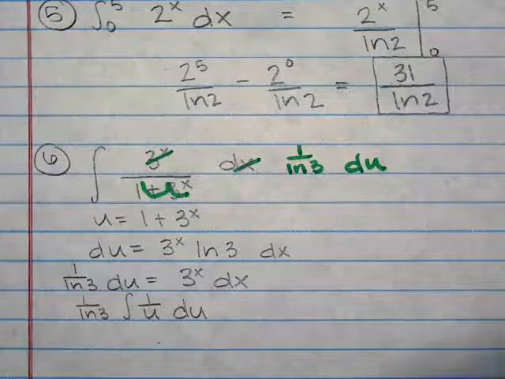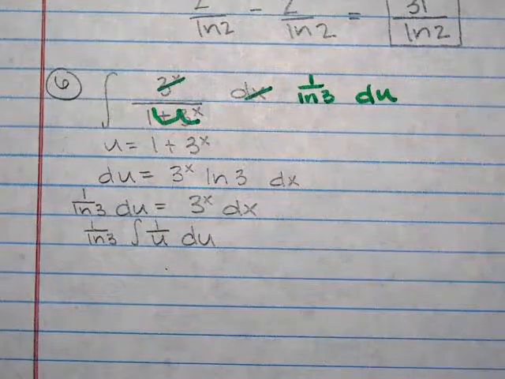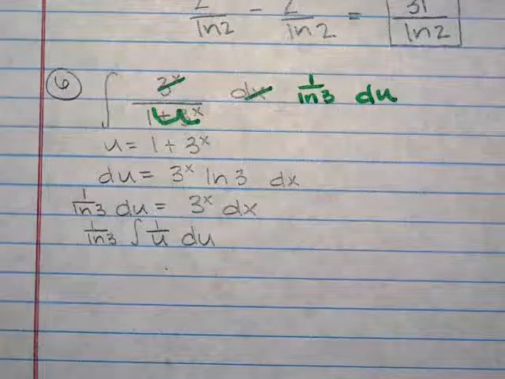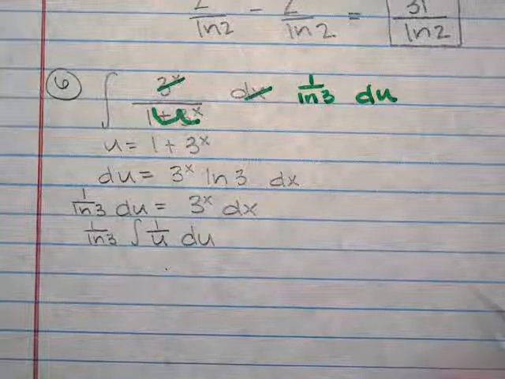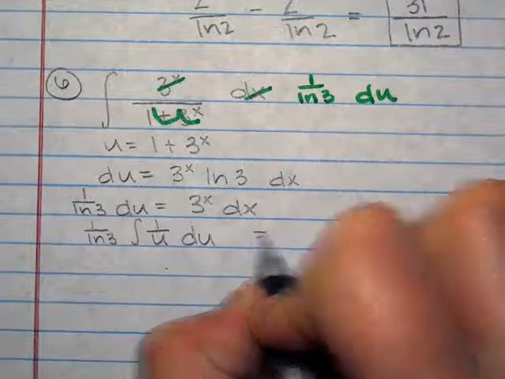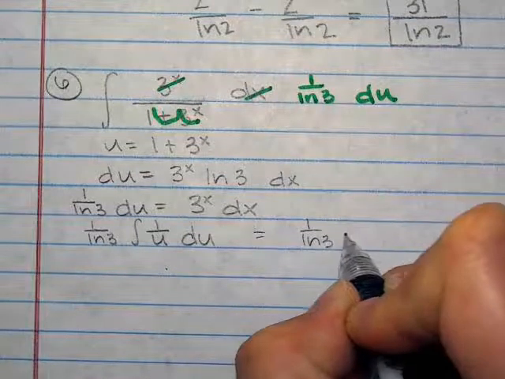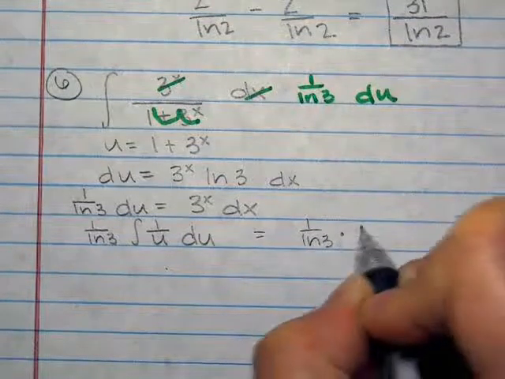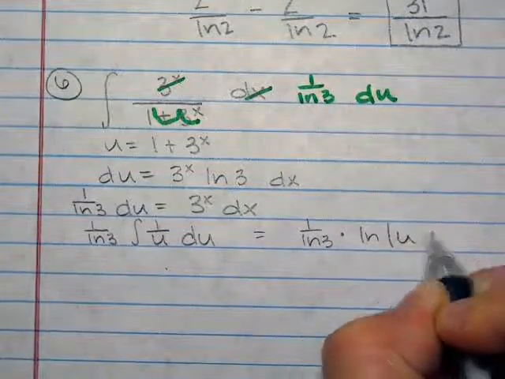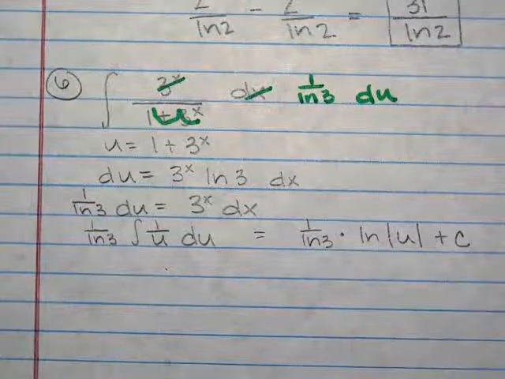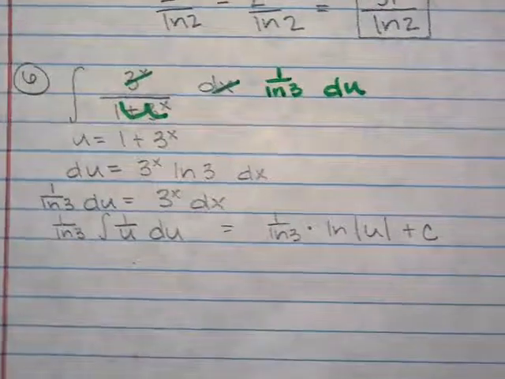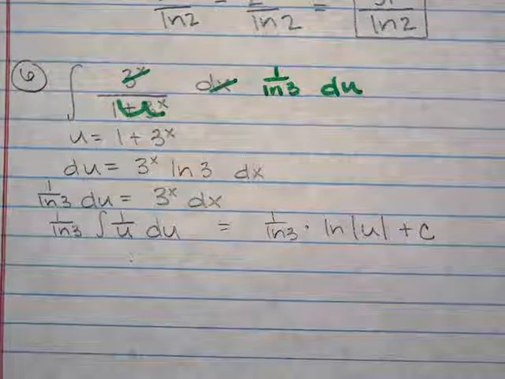Okay, when we integrate 1 over u, what do we get? Okay, so we get 1 over ln 3 times ln u plus c.